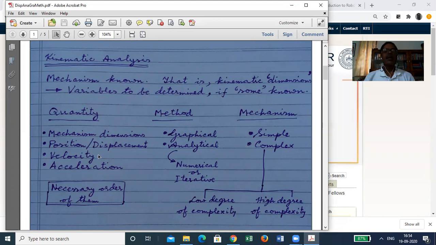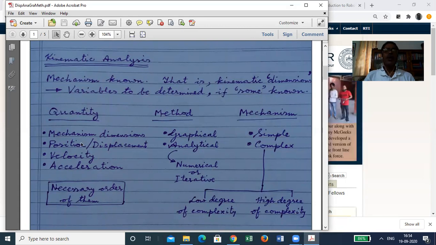The reason is that the velocity relationships themselves depend from configuration to configuration. Similarly, only after all the positions and velocities are known, you can even talk about acceleration analysis.